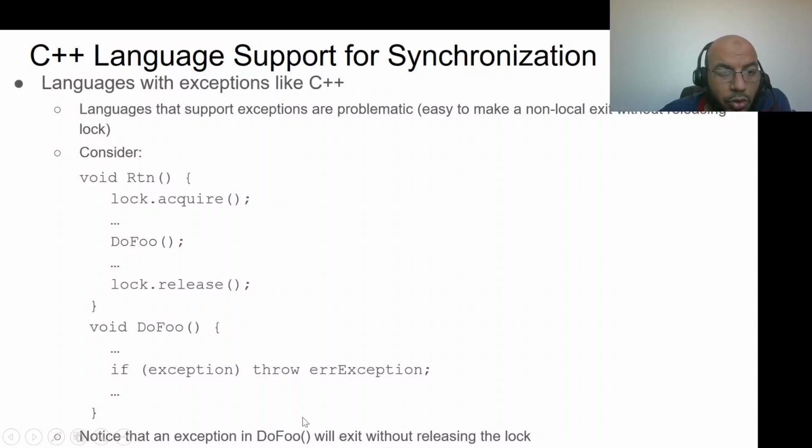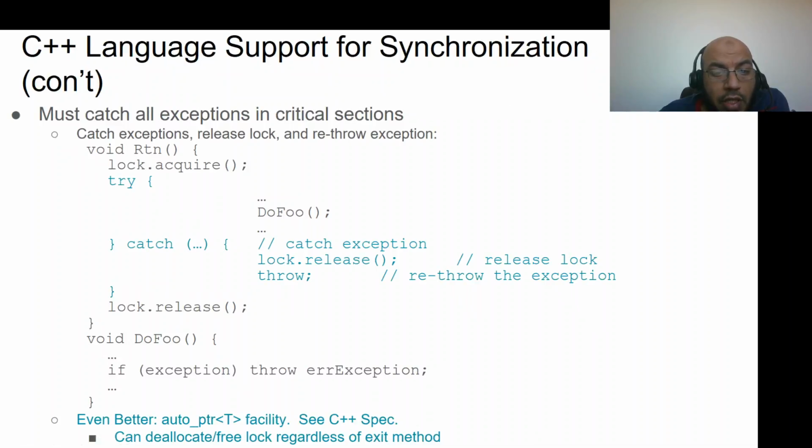So you have void do foo and you call do foo, you cause an exception, and you never release the lock when handling the exception. So you need to release the locks in the error exceptions, in the catch. So with try catch, you want to catch the exception and do a lock release and then rethrow the error.